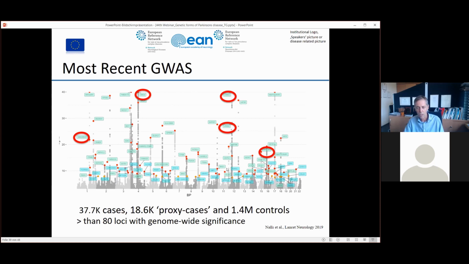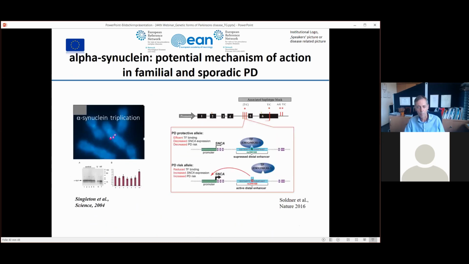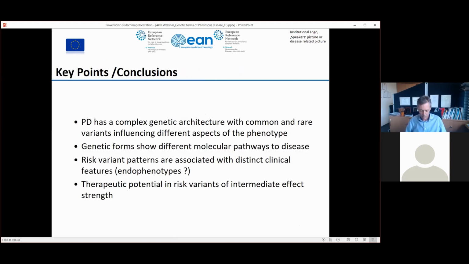I have 3 or 4 more slides, which I will skip now because they go a little bit more into detail of the effect of those common variants. But to give us a little more time for the discussion, I would like to end up with a conclusion. Conclusion being that Parkinson's disease, as you can see, has a complex genetic architecture with common and rare variants influencing different aspects of the phenotype, like age of onset, development of dementia, and so on.